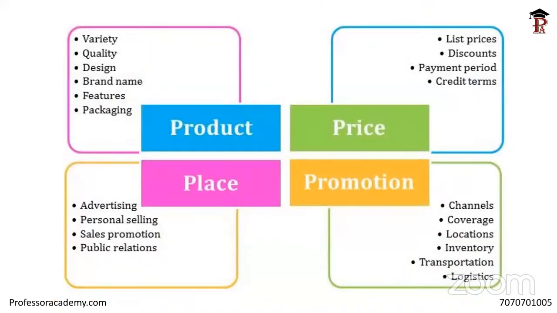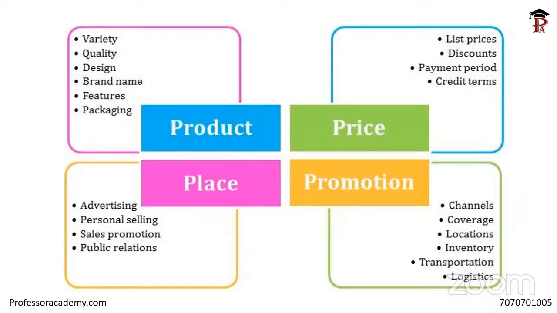When we talk about product, it refers to tangible goods or intangible services that a company offers to meet the customer's need. It includes quality, variety, design, brand name, very important, then the features and the packaging.